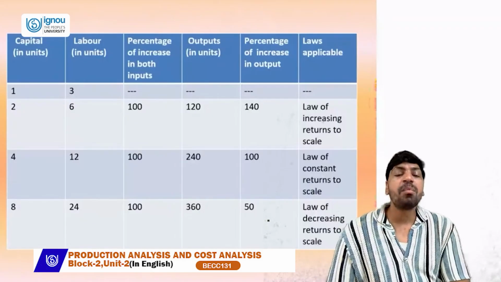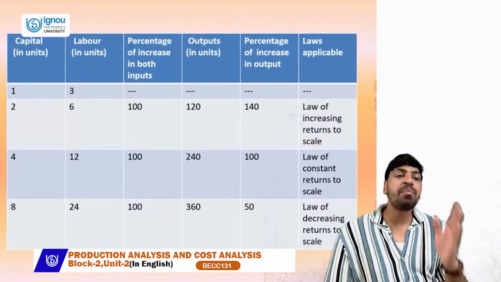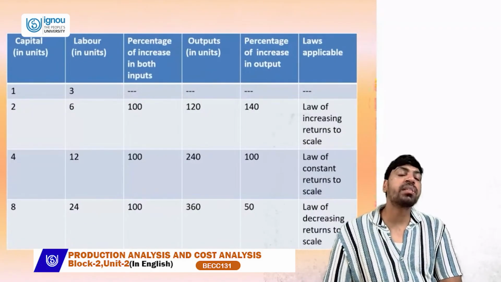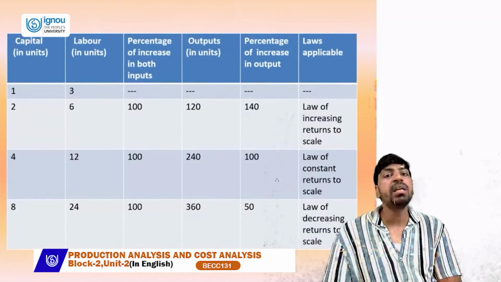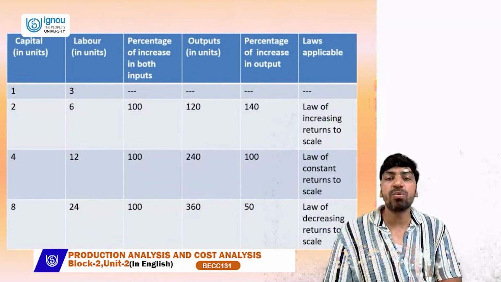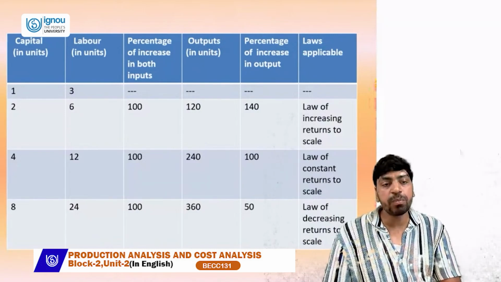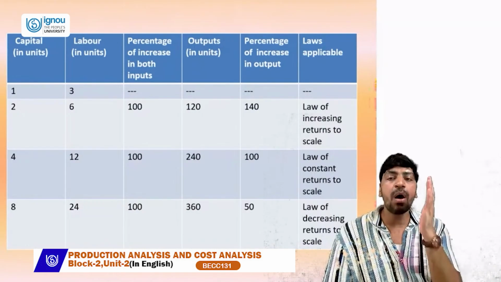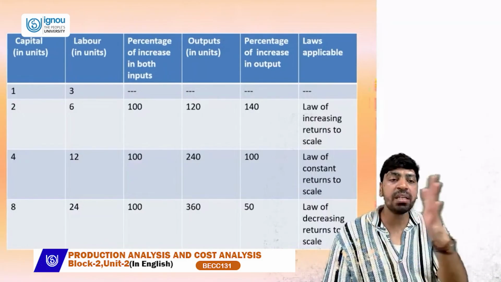If you see the tabular representation, the capital has been shown in units, labor has been shown in units, along with the percentage of increase in both, and the output and the percentage of increase in output are also shown. So how is this law applicable in the table?